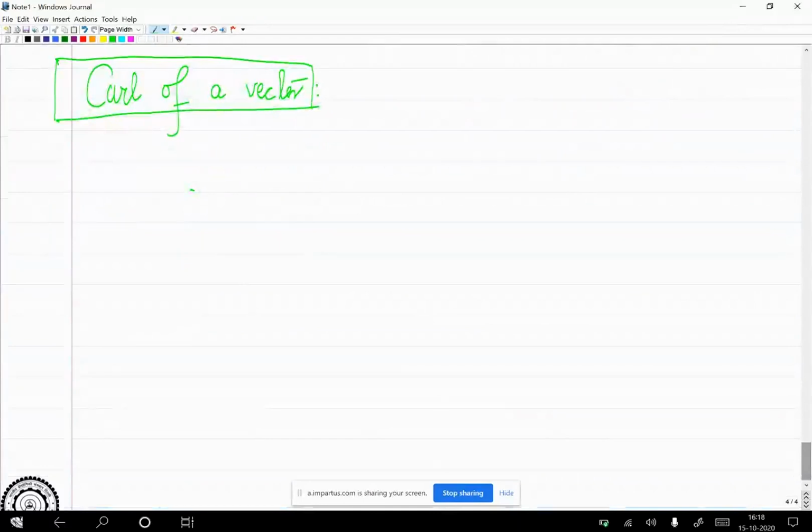Then you can have some more interesting things, for example the Laplacian. You can have the Laplacian of anything. And what is the Laplacian?